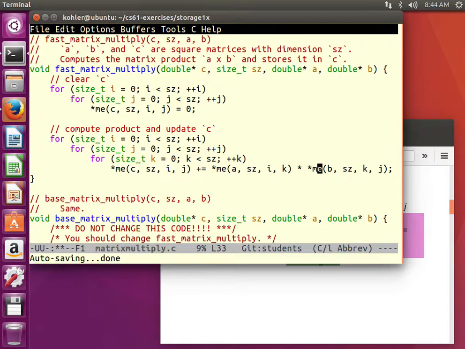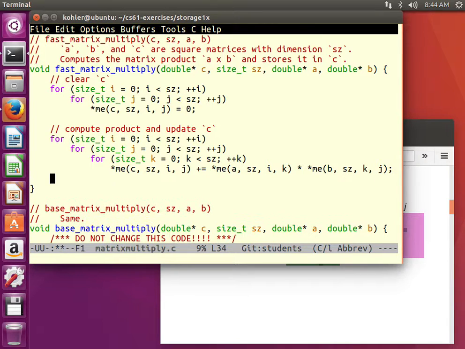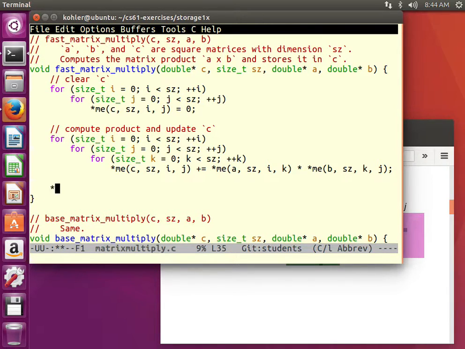So if we unrolled these loops, for example, for a 2x2 matrix, which is a pretty simple matrix, what we'll see is something like this. The first time through the loop, we will add to the 0,0th element of the output matrix, the result matrix, the product of the 0,0th elements of both input matrices.